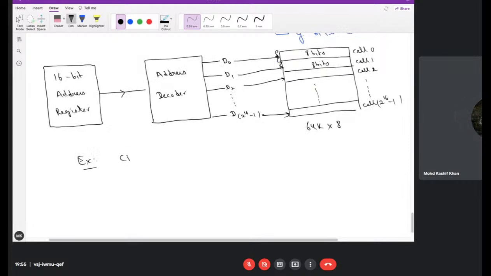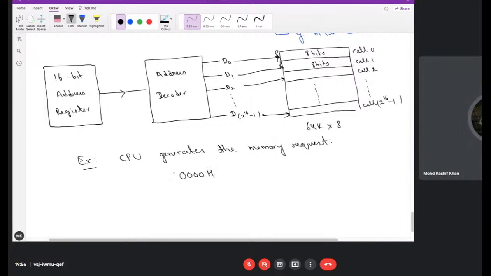Okay. For example, suppose the CPU generates the memory request, and we have seen what the memory request contains. It contains the address and control signal. Suppose it has maintained the address in the form of hexadecimal code. So these are 16 bits.